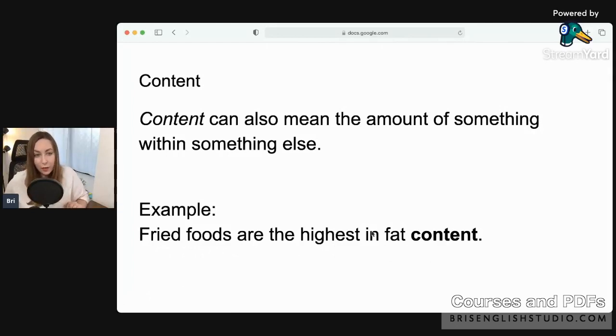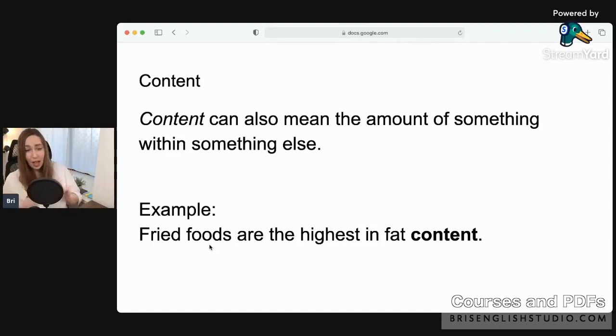So the fat that is inside of fried foods. Fried foods have the highest fat inside of them. So when we talk about foods, or for example, alcohol content, the amount of alcohol inside of a drink, then we're going to use content without an S, okay?